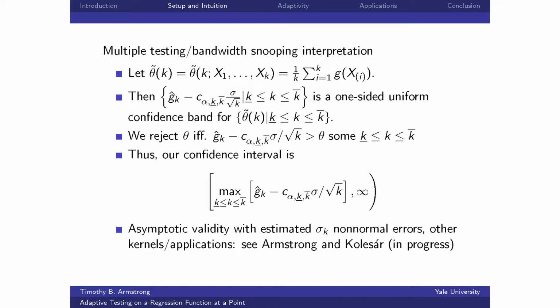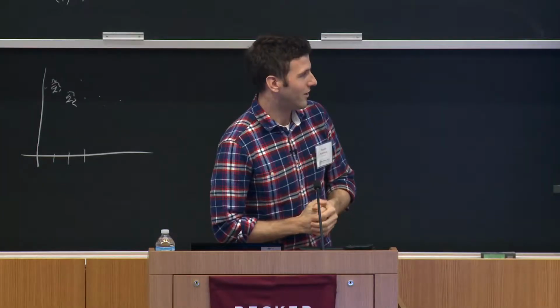And if you invert the rejection statement that I had in the previous slide, we're rejecting if the lower confidence band is greater than theta for some k. In other words, if the maximum of that lower confidence band is greater than theta, so this gives us our confidence interval associated with this test, which is just using the most favorable point of that confidence band.